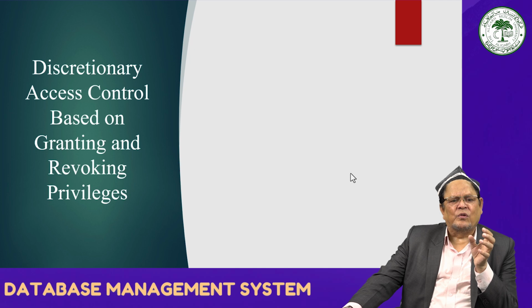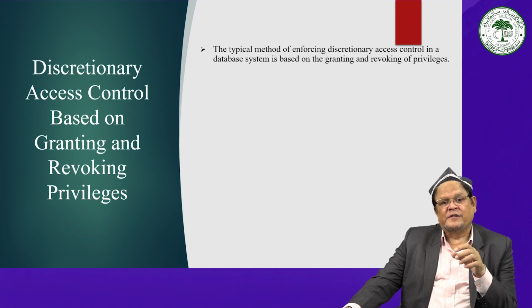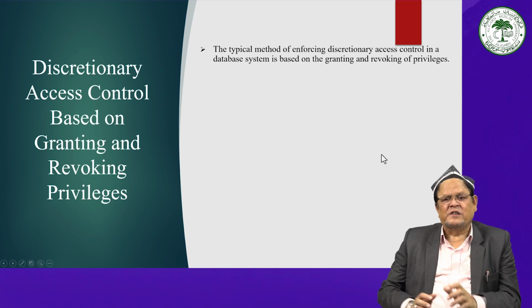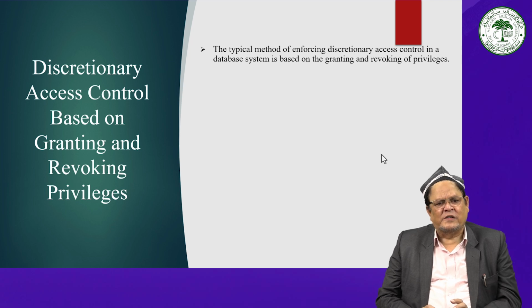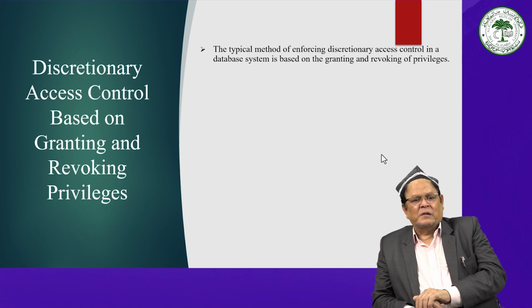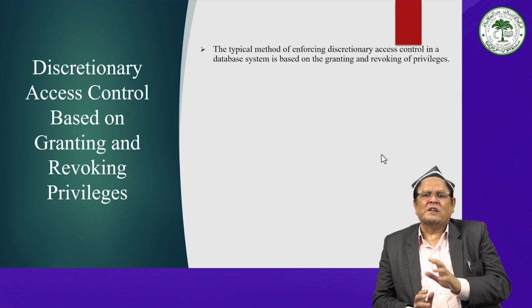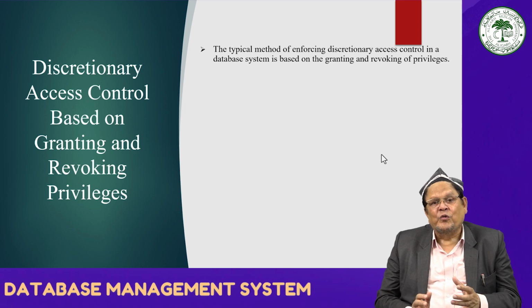Discretionary access control based on granting and revoking privilege. This is a typical method for enforcing discretionary access control in a database, based on granting and revoking a privilege. It means that by granting, you can give select, delete, update, modify, or view privilege.